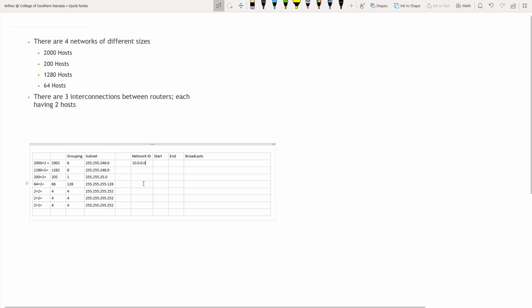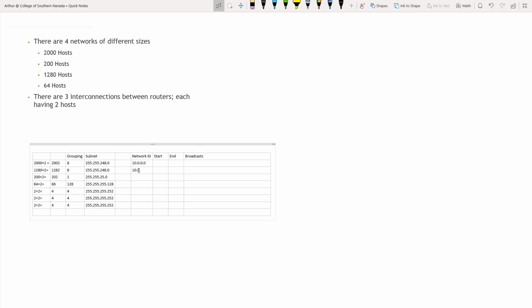As long as we start with zeros, it's fine. So what we do from here is we figure out which octet we're working in, pretty much where there is a number not 255, and we're going to add 8. So we are adding 8 to the third octets. Here's our network. We are adding 8 in the third octet.